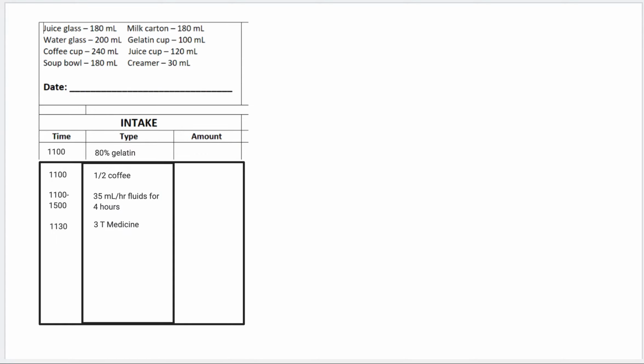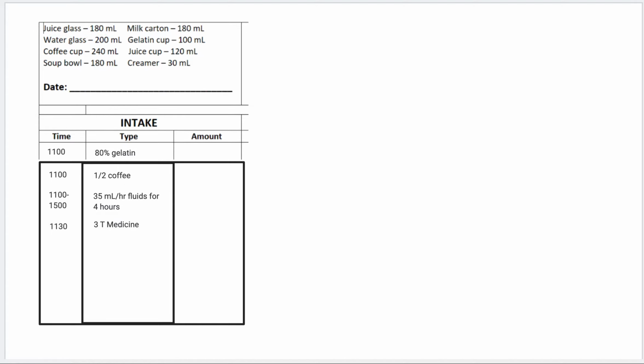Now this particular intake chart gives us some common conversions up top. So just a few things that I want to point out about this. A juice glass in this situation, and this could be just consistent with this institution, is 180 milliliters. That doesn't mean that every single juice glass across the United States or the world is 180 milliliters, but we are given, at least at this institution, that's the size of a juice glass.